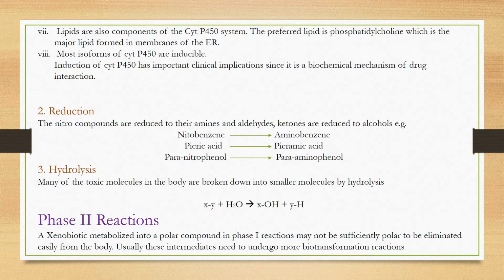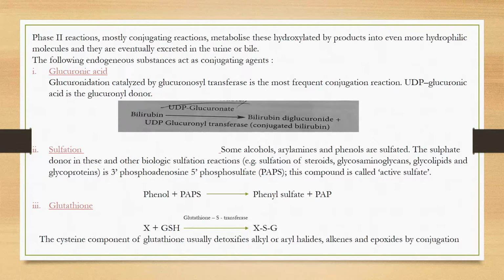Usually, these intermediates need to undergo more biotransformation reactions. Phase 2 reactions, mostly conjugating reactions, metabolize these hydroxylated byproducts into even more hydrophilic molecules, and they are eventually excreted in the urine or bile.